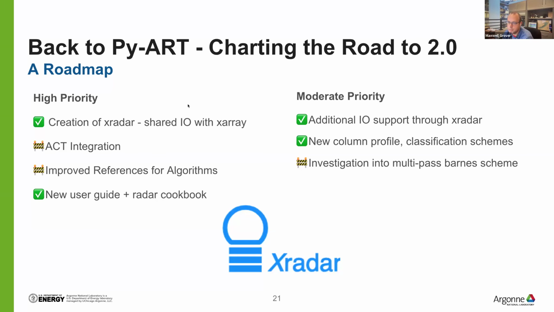So using XRadar, integrating with some of our other toolkits, improved references, as well as a new user guide, and then really expanding the IO support through XRadar, some new classification schemes, as well as some new gridding techniques. And really the main story is replacing that radar object with XRadar.